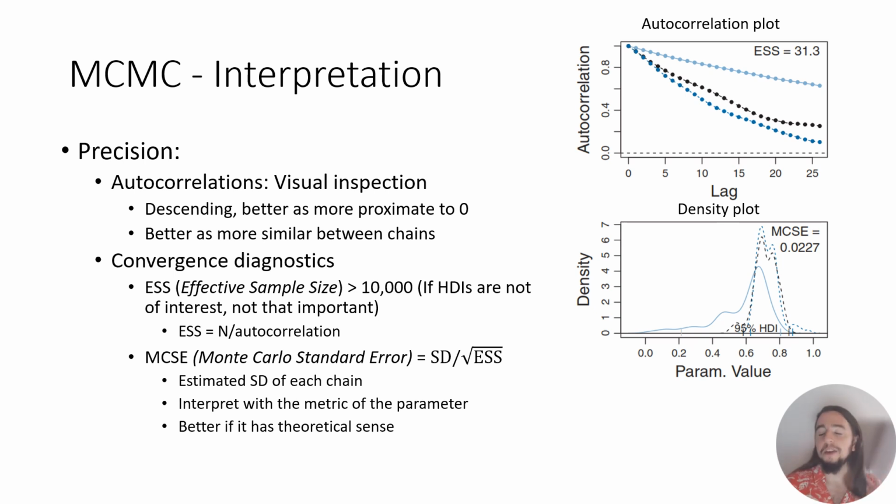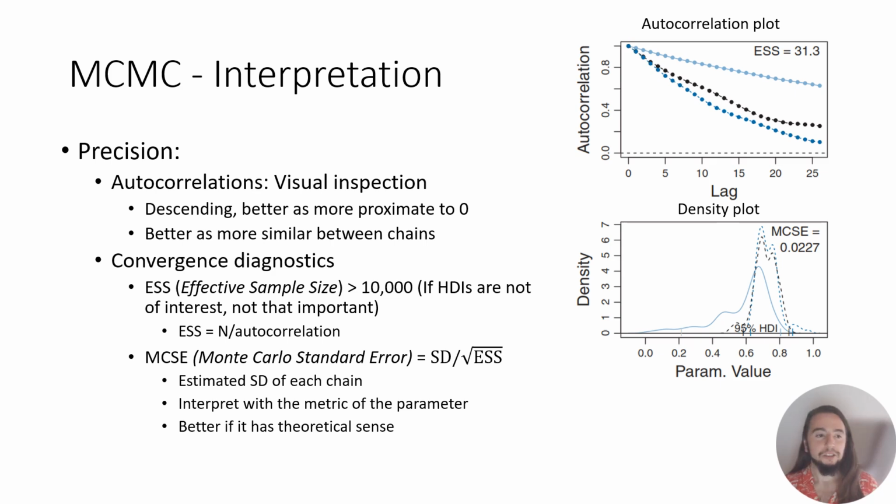For example, if we are inferring things for Cohen's d, an acceptable Monte Carlo standard error would be like 0.01 or 0.05. If the Monte Carlo standard error for a Cohen's d is 2, that would be completely unrealistic, unless we are dealing with an incredibly dispersed and heterogeneous sample of Cohen's d's.